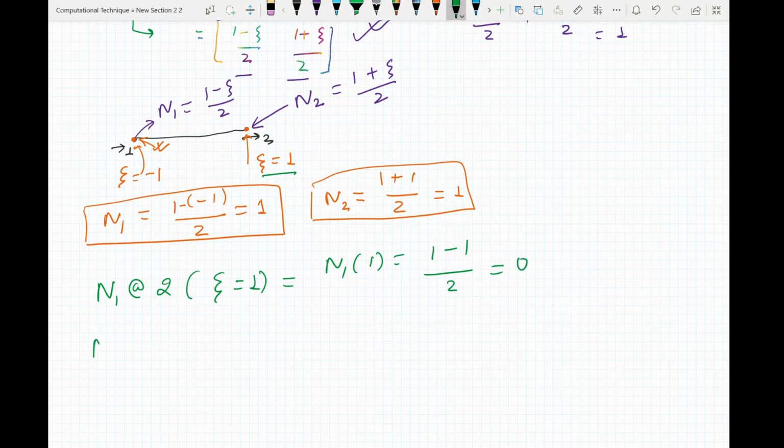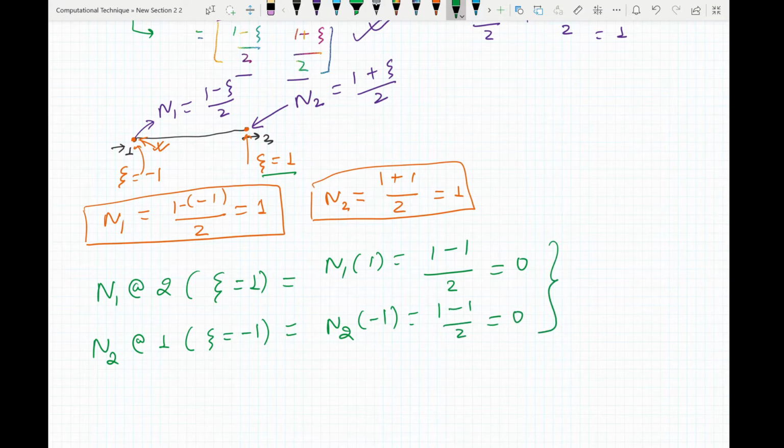And let's say you are also finding your shape function of degree of freedom 2 at degree of freedom 1, xi equals minus 1. Then what you'll get is N2 at minus 1 will be equal to (1 plus (minus 1)) by 2, that equals 0. Therefore, your shape function values for the corresponding degrees of freedom will be equal to 1, and their values at other degrees of freedom will be equal to 0.